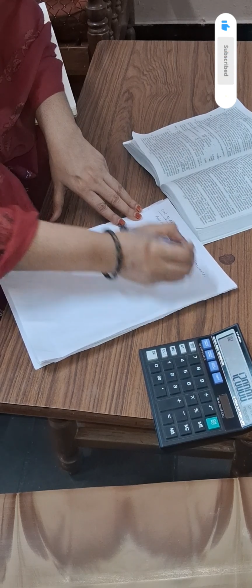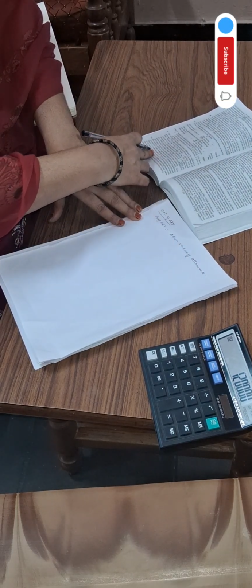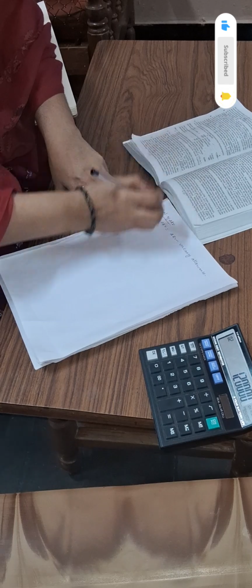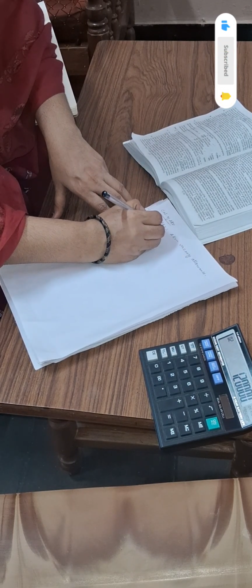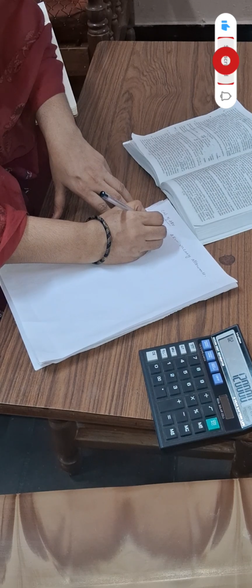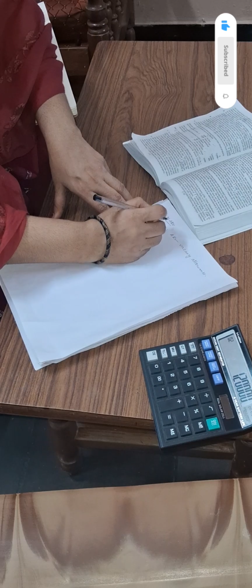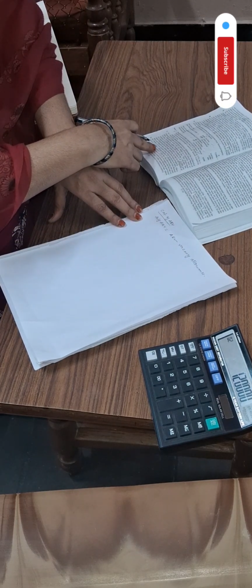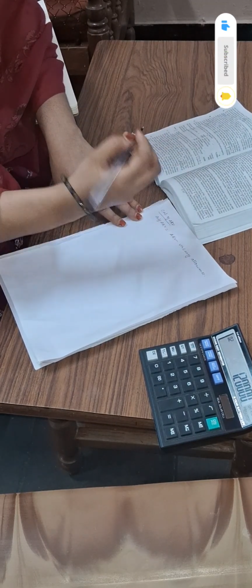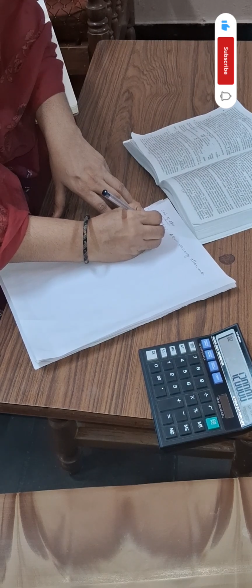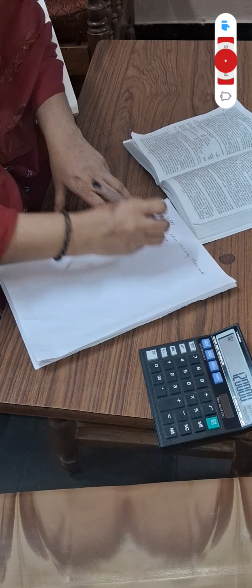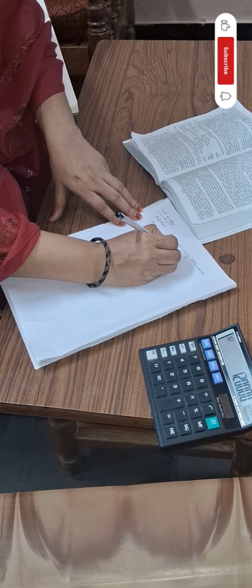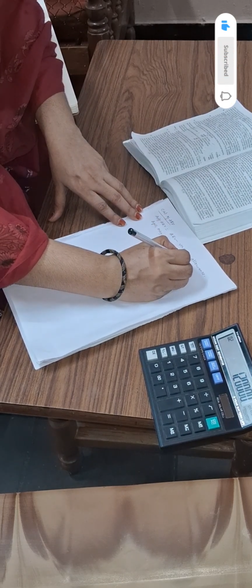So see here, the house is let out to Mrs. Devi for 10,000. For how many months? 3 months. Assessment year starts from 1st April, so April, May, June: 3 months. 3 months means 10,000 into 3 is equal to 30,000.